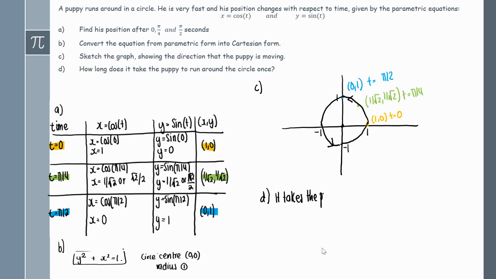Lastly, how long does it take the puppy to run around one circle? Now, we know here it takes the puppy pi on 2 seconds to run just a quarter of the circle, from the x-axis positive to the positive y-axis. So to go around the whole circle, I can just times this by 4.